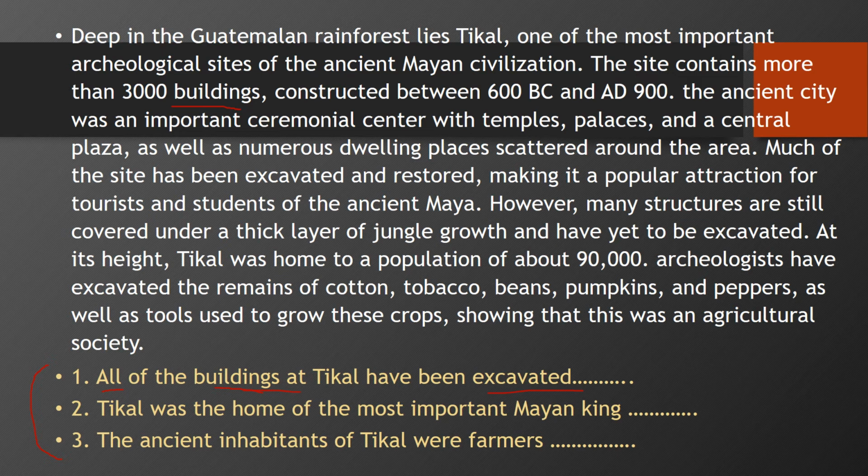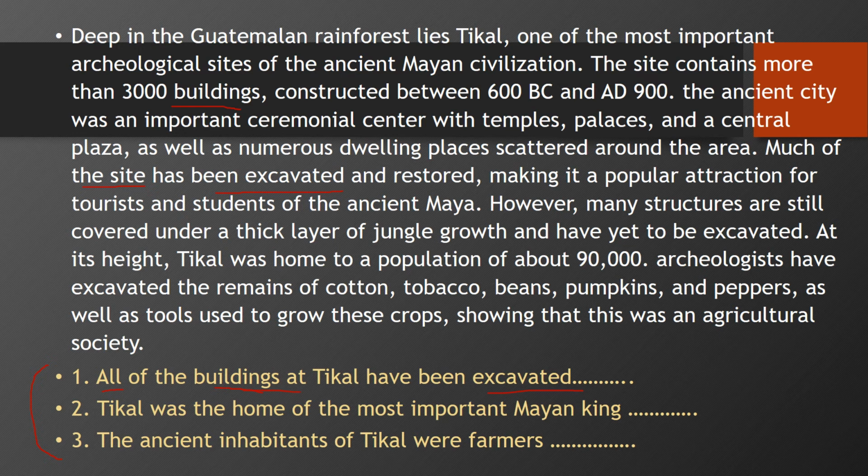I will continue reading. The ancient city places and central numbers, much of the site has been excavated. So this one is related to this. Now let me read this sentence. Much of the site, that means the buildings, right, has been excavated and restored, making it a popular attraction.